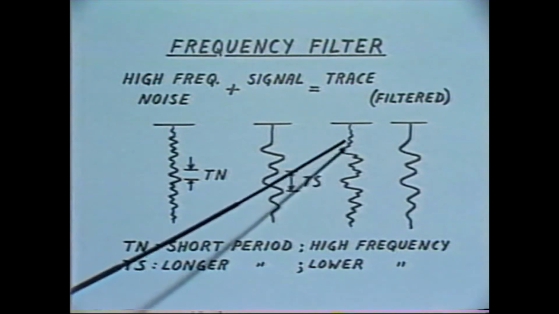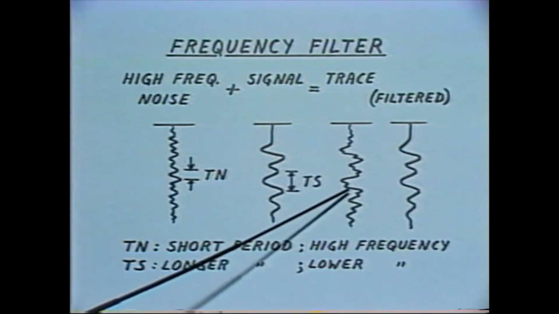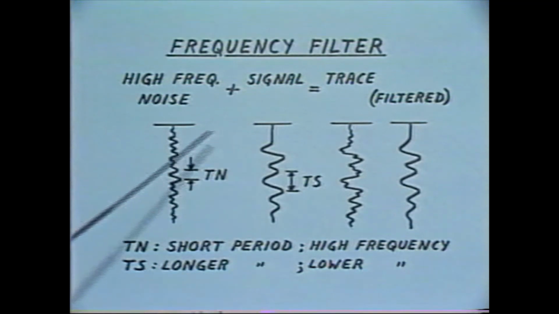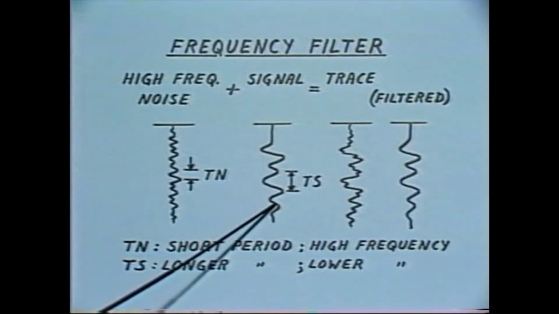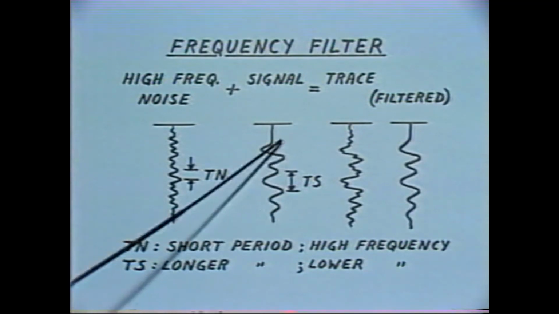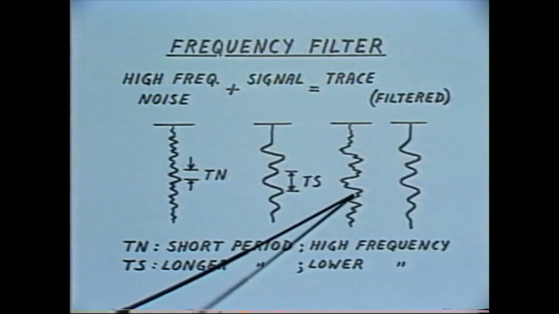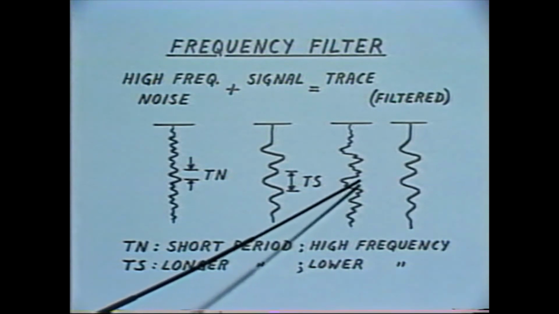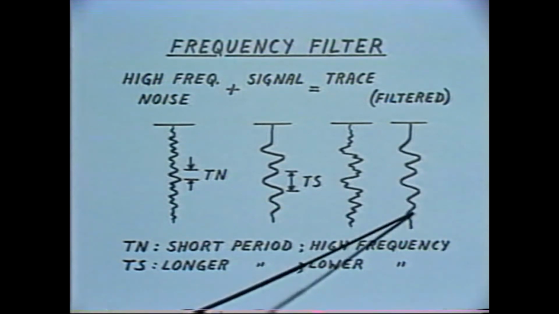Because of the frequency difference, we can design a filtering process which tends to eliminate the high frequency data while leaving the low frequency data, which consists mainly of the signal. So we can take this trace and apply a high frequency cutoff filter to get rid of the high frequencies and leave mainly just the frequency range which covers the reflection energy.